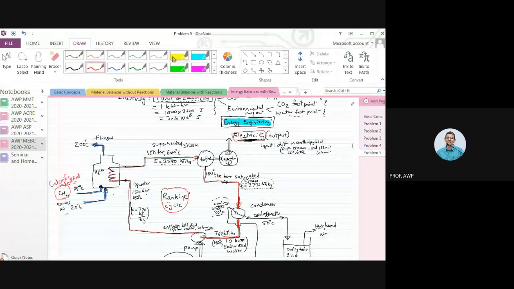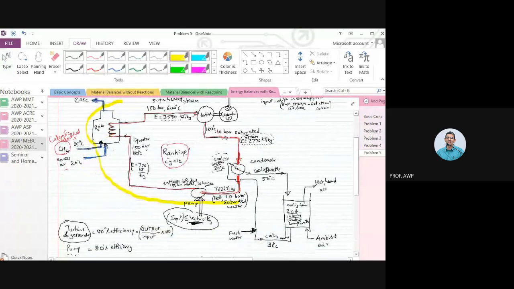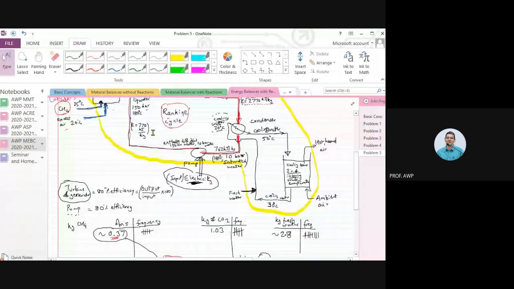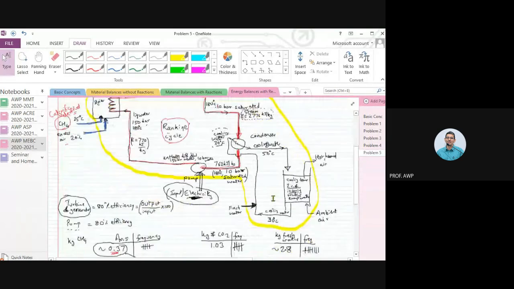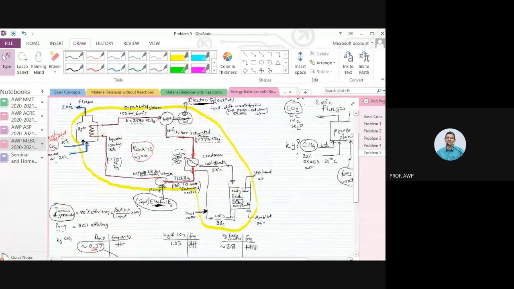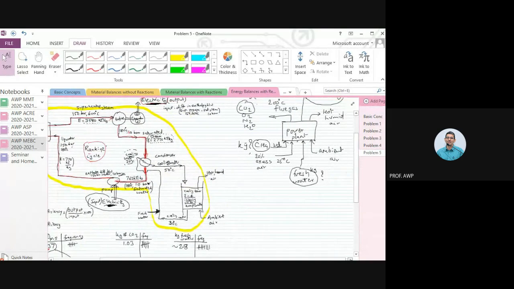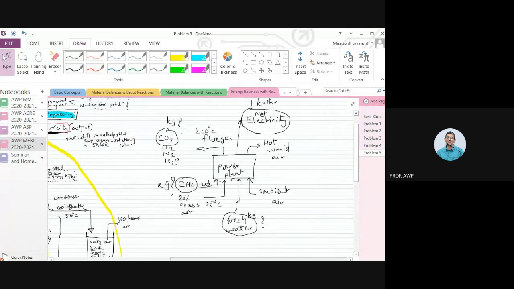Now again, if you think about this overall plant, where did we draw that plant? Overall plant we drew somewhere, right? Right, here. This is the overall plant that we had drawn.